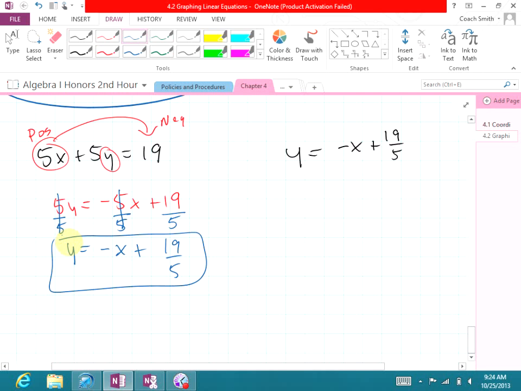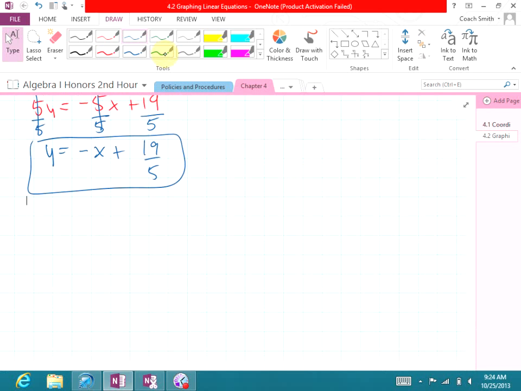Okay. Let's look at this one. 1/2 x plus 5 over 2y equals 1.